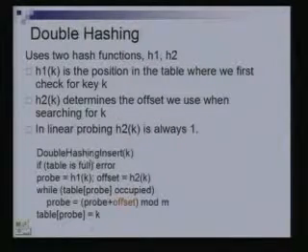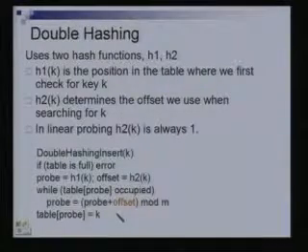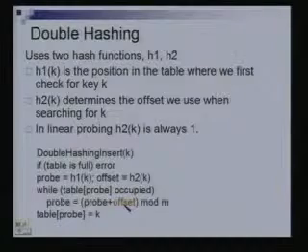Okay, so let's look at this piece of code. So probe is set to h1 of k, so that's the first position I look at, and offset is set to h2 of k. First, I'll just look at the probe, the location specified by probe in the table. If it is occupied, then the next location I'll look at is probe plus offset.